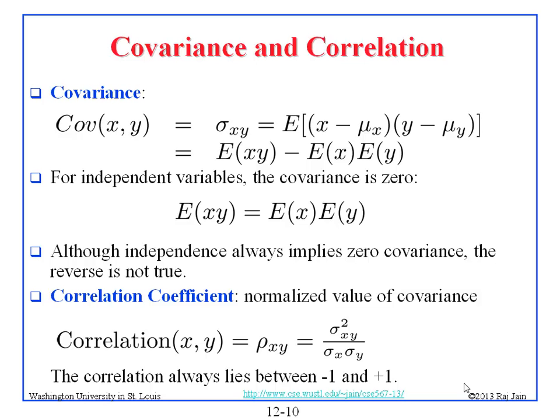So we need something which does not have a dimension, and that is called correlation.